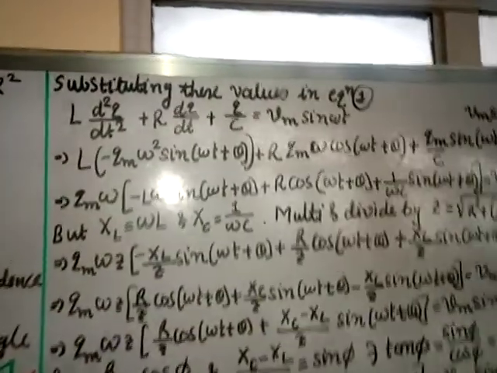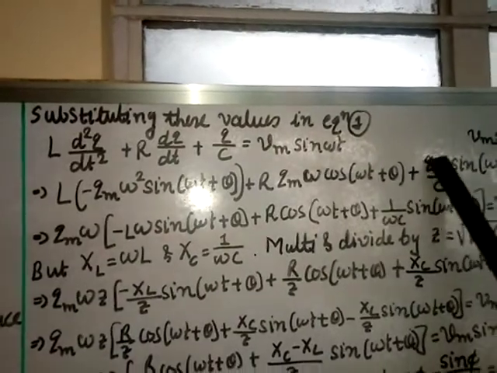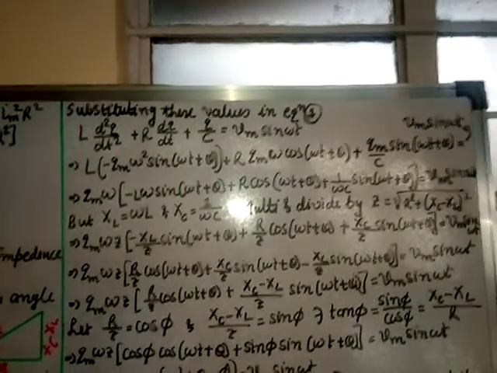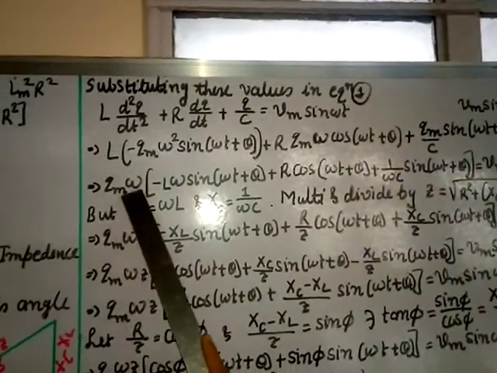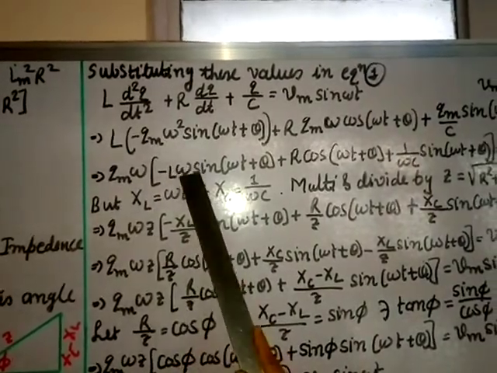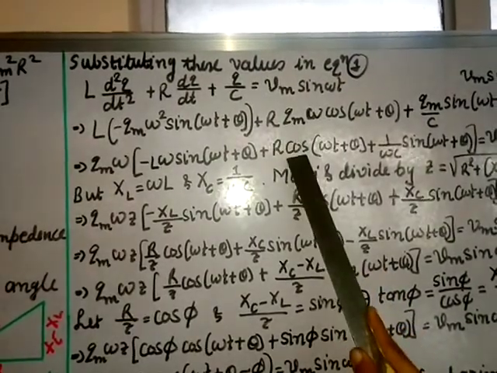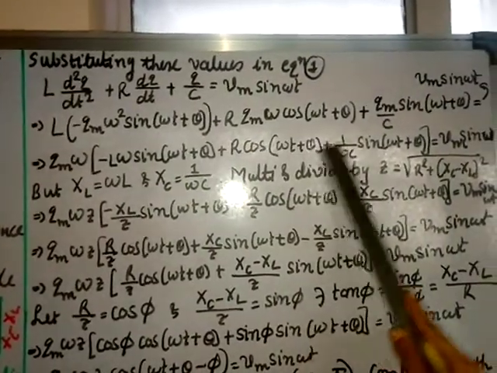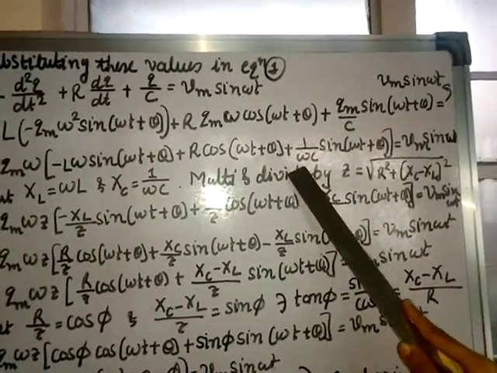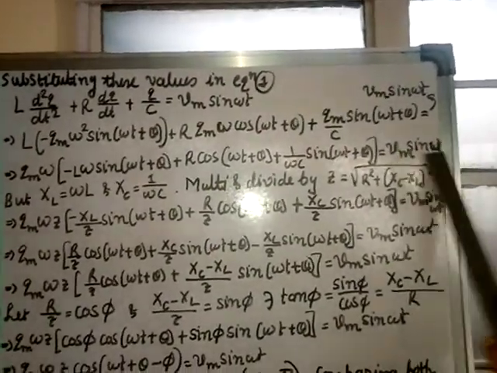Now I can take qm omega common from all these terms. What remains is minus L omega sin(omega t plus theta), plus R cos(omega t plus theta), plus 1 by omega c sin(omega t plus theta), equal to Vm sin omega t.